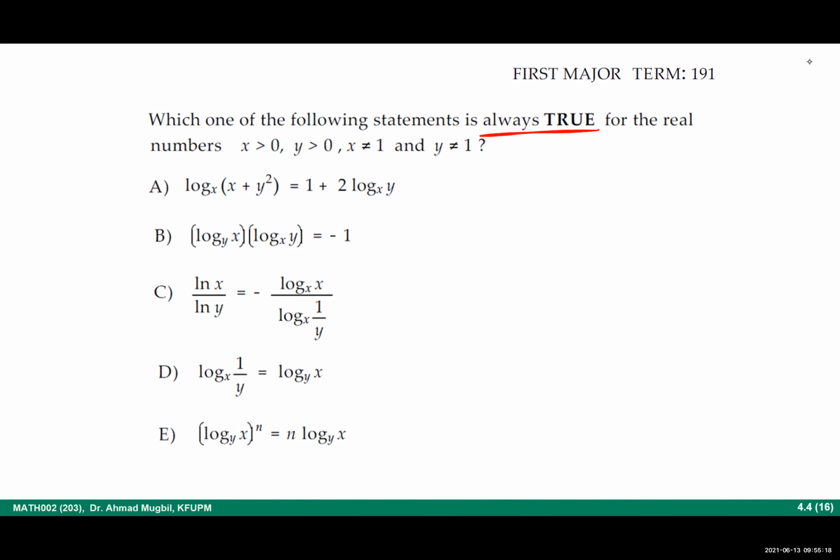Okay, Turki, what do you think about the first one, true or false? I have no idea yet. Can you give me a second? Okay, what about B? You can move to B, Turki.